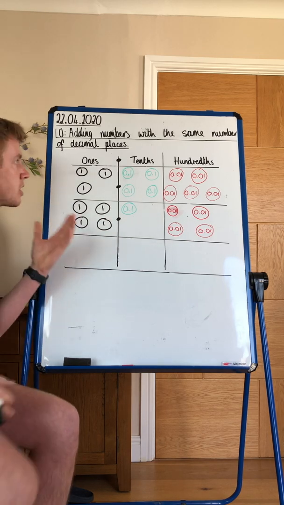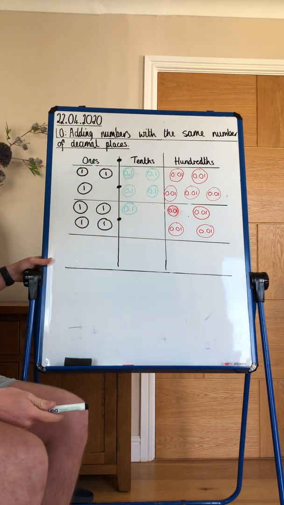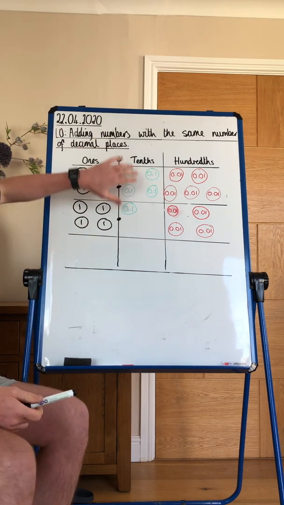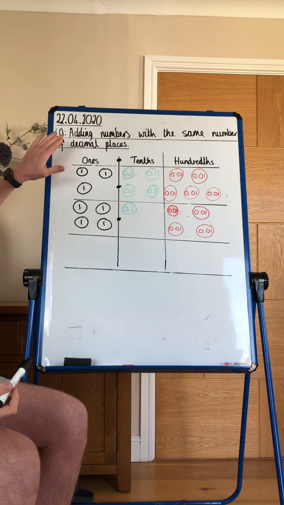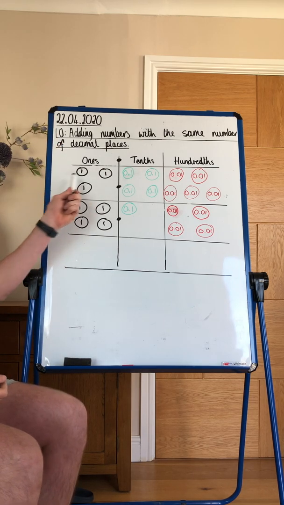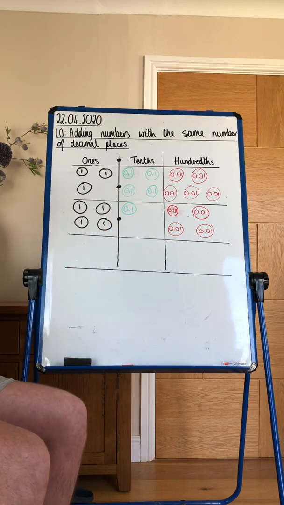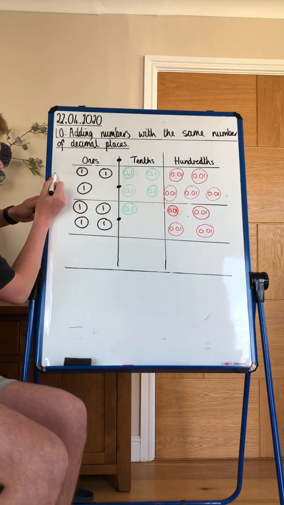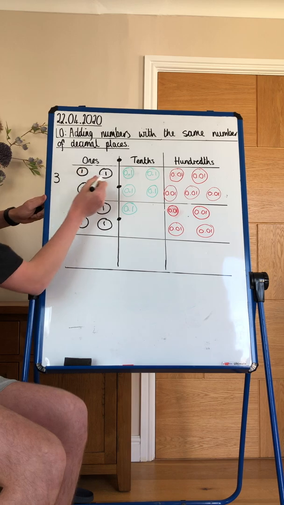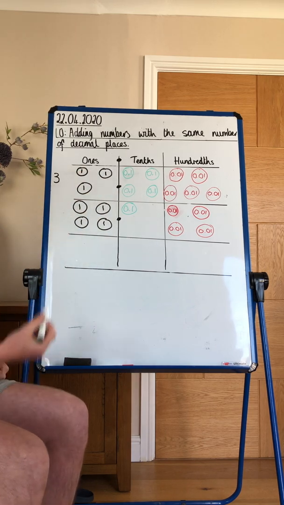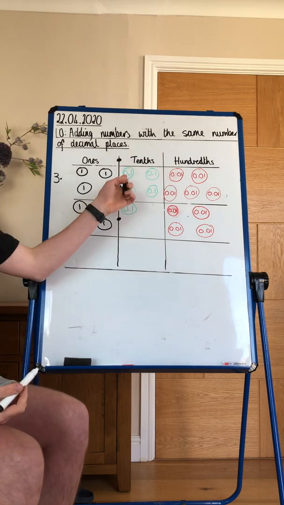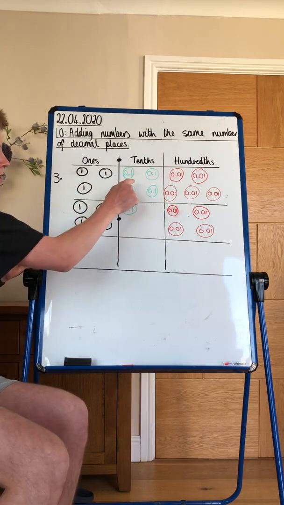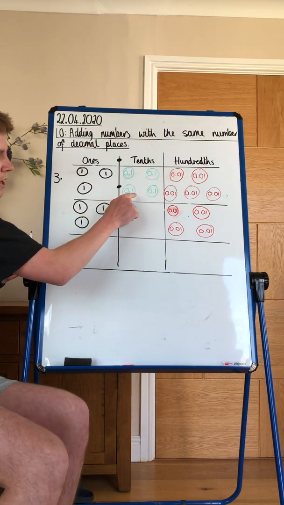First of all, if we look at this place value chart here, we have a ones column, tenths column and a hundredths column. So we'll start off in the ones column. In this row here, we have 3 ones, 1, 2, 3, and then we have our decimal point. In the tenths box, we have 0.1, 0.1, 0.1, and 0.1.